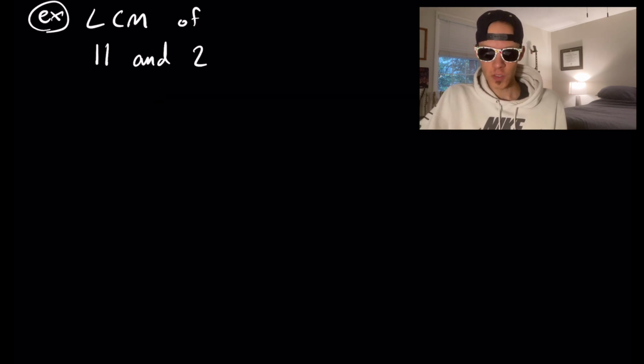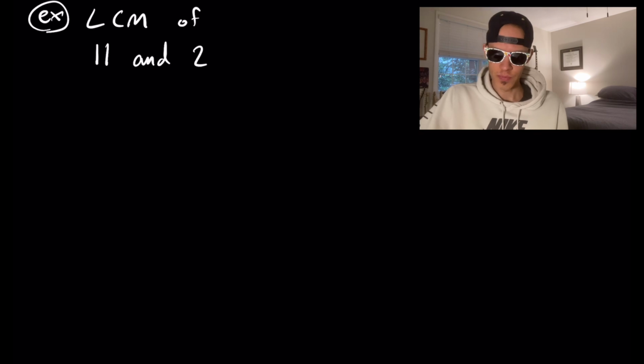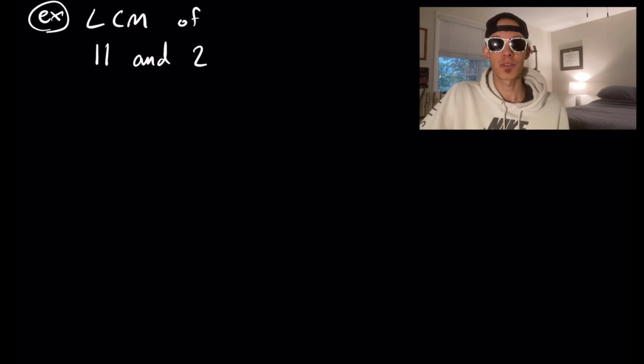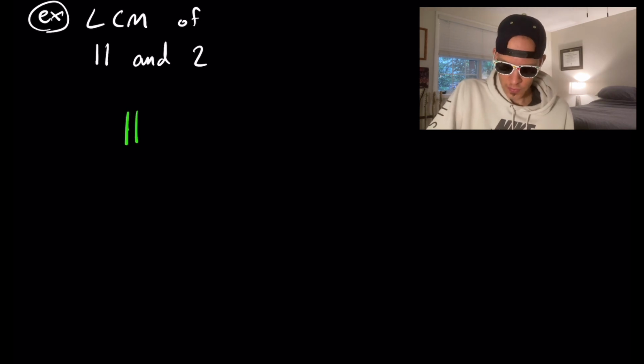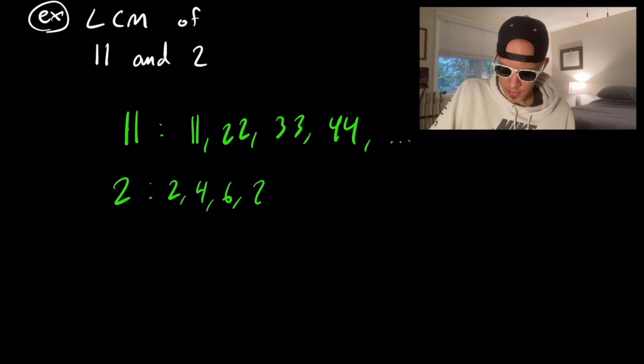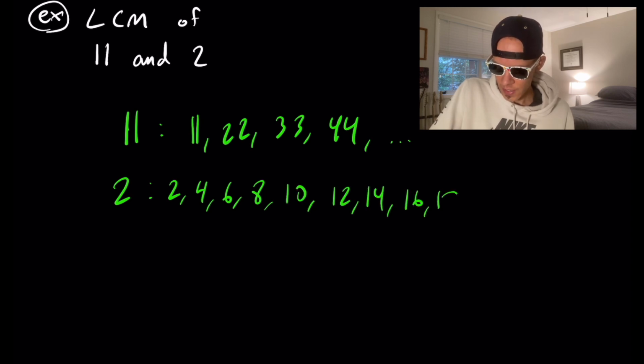All right, the least common multiple of 11 and 2. I'll just count by each of the numbers and see what is the smallest multiple between the two. For 11, we got 11, 22, 33, 44. I can keep going if I want, but I'll stop there. And for 2, we have 2, 4, 6, 8, 10, 12, 14, 16, 18, 20, and 22.